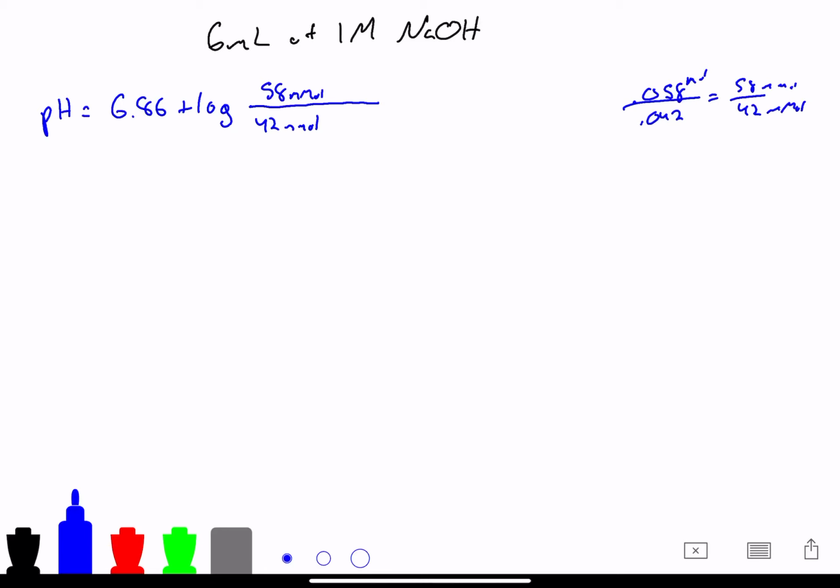What you cannot do is, if you have 0.058 and 0.0042, go 58 over 42, because those are not equal. But it would be okay to go 58 over 4.2, because you're just multiplying each number by 1,000.